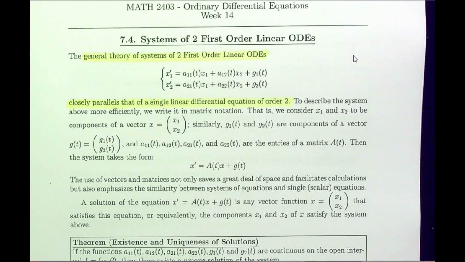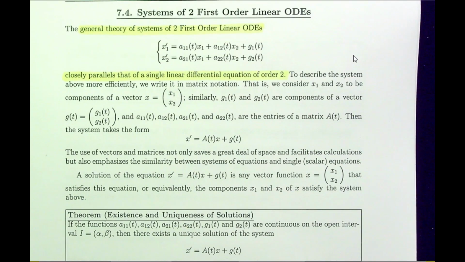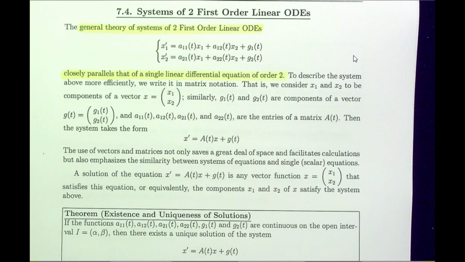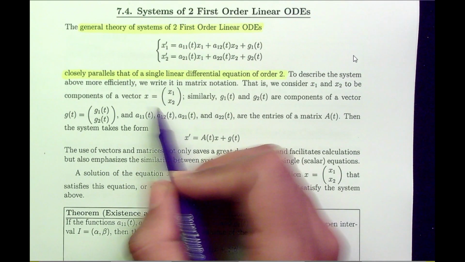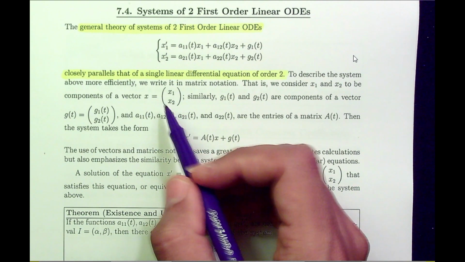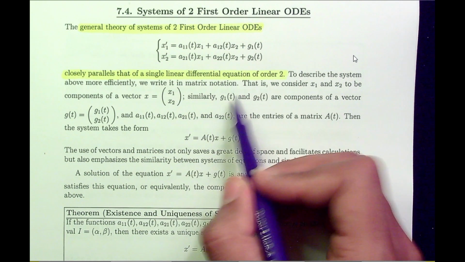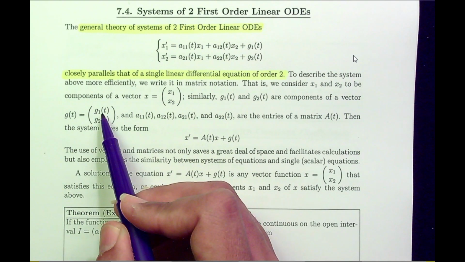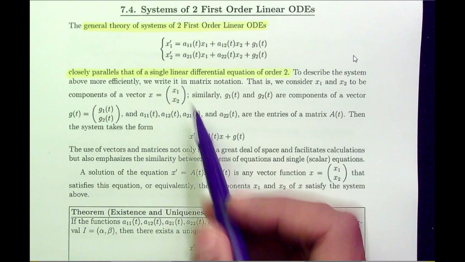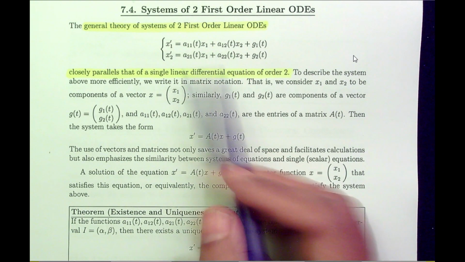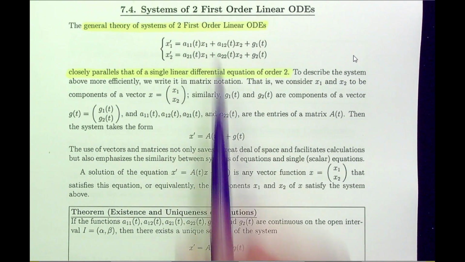X1 and X2, because that's easier to generalize when you have multiple equations, x1, x2, x3, x4, etc. You have more dimensions. All right, so then if you introduce that notation, x equals x1, x2, and g equals g1, g2, and A equals the matrix of coefficients, then you can write this system like this.